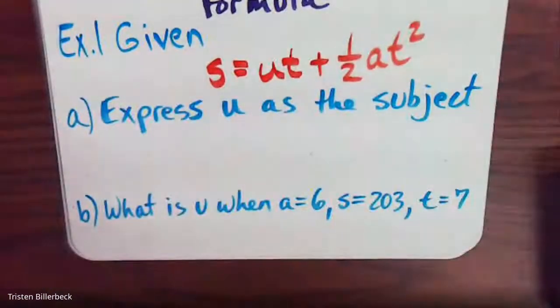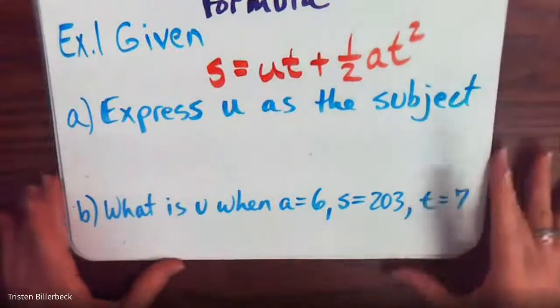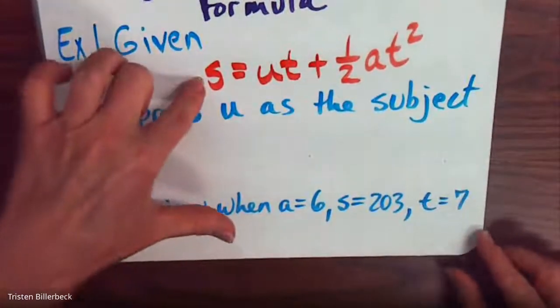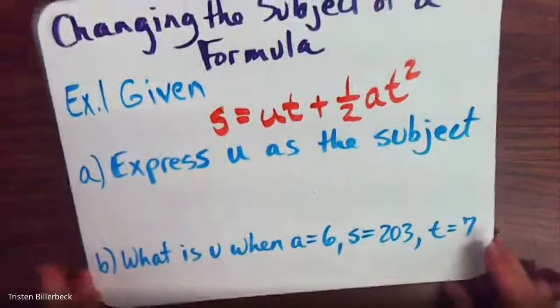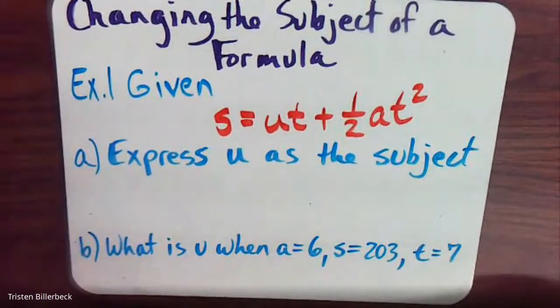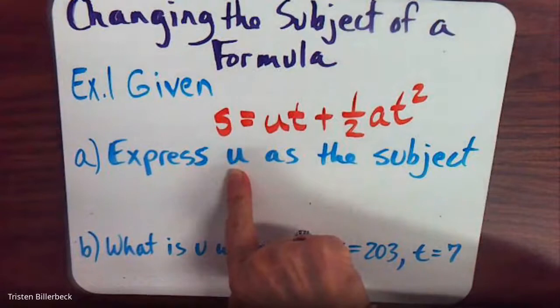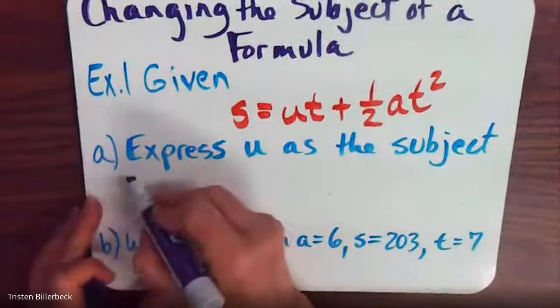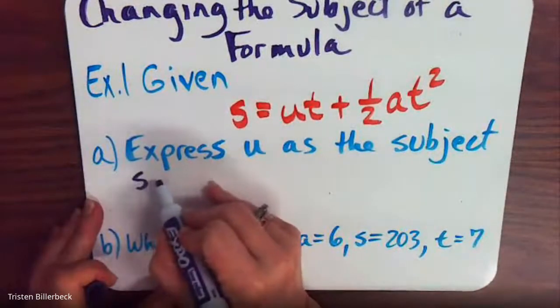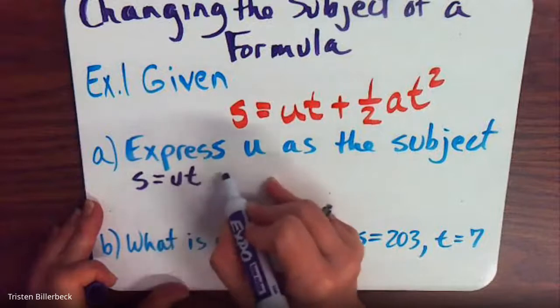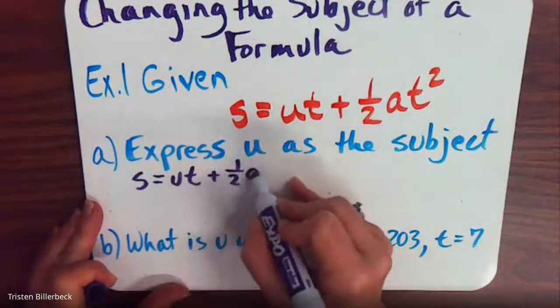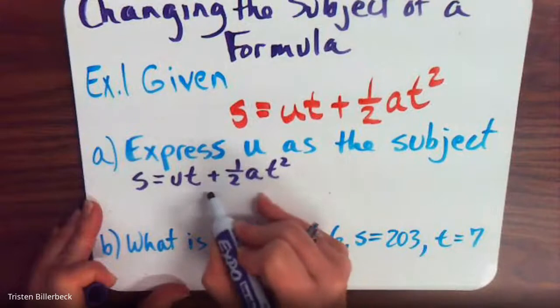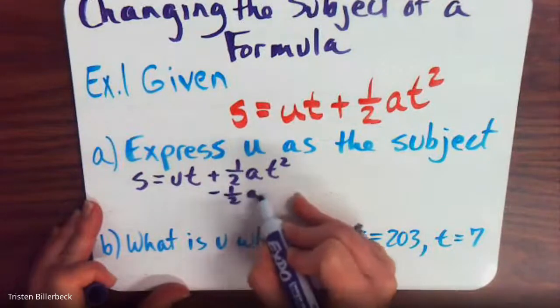All right, so now we're going to change the subject of the formula. The subject is the isolated variable. That's what they mean when they change the subject of the formula. Fancy new word, eh? We want to change the subject to U. So we're going to start with the original equation, S equals UT plus 1/2 AT squared, and move this over using an additive inverse.